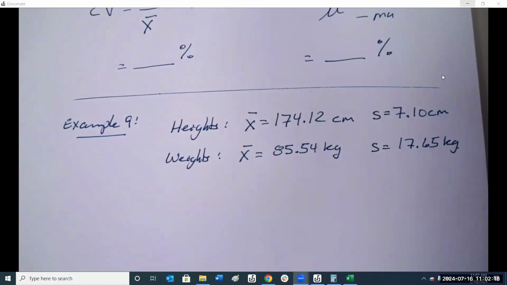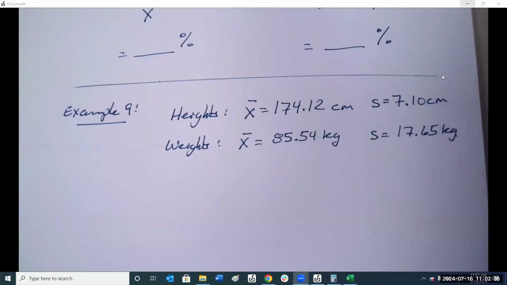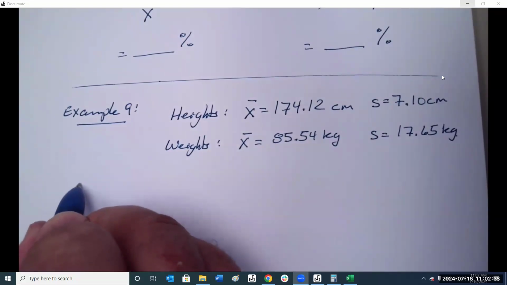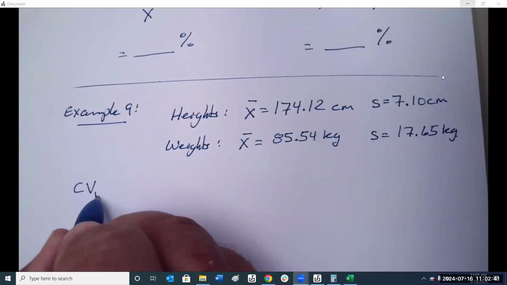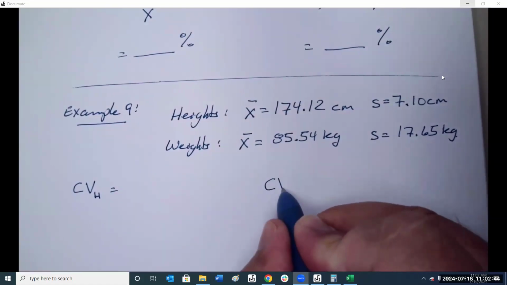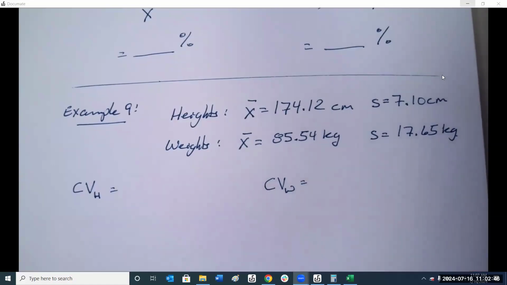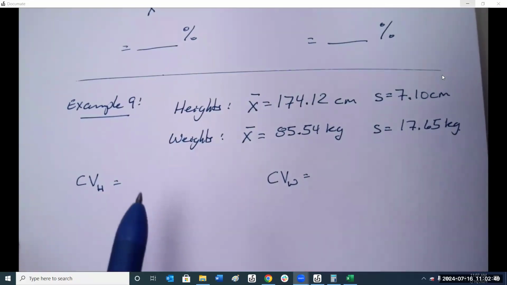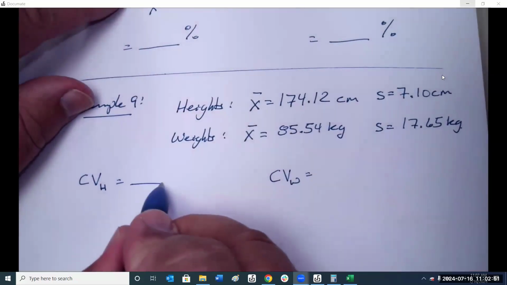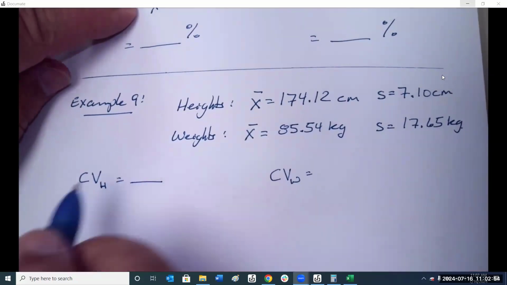What are we looking for? Compare the variations among the heights and the weights. So to compare the two, we have to look at the coefficient of variation. And the smaller the number, the better it is, the more accurate it is. So the CV of the heights versus the CV of the weights. The formula says the standard deviation divided by the mean.